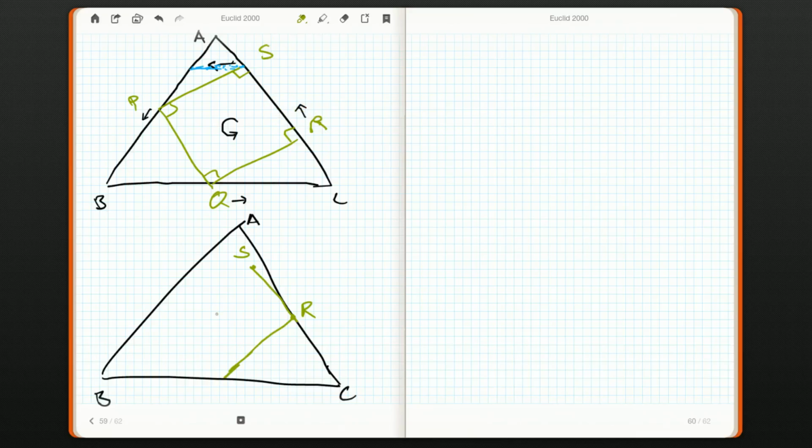And Q will be down here, and I really don't have a very good picture going on right now. So maybe R is a little more here. Okay, but Q has moved a little bit further, and P is a little further down, and R is a little further up, is the idea.